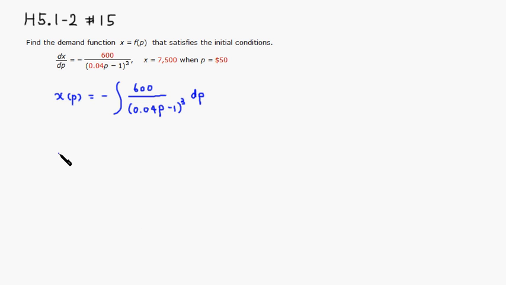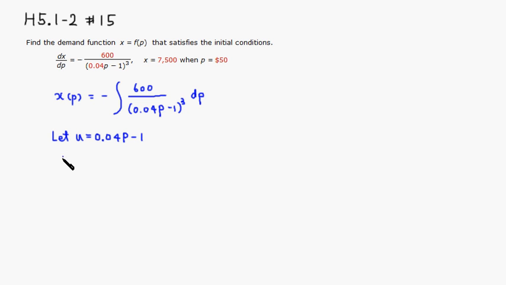So let's do that. Here we're going to use substitution. Let u be what's inside the parentheses, so u equals 0.04p minus 1.